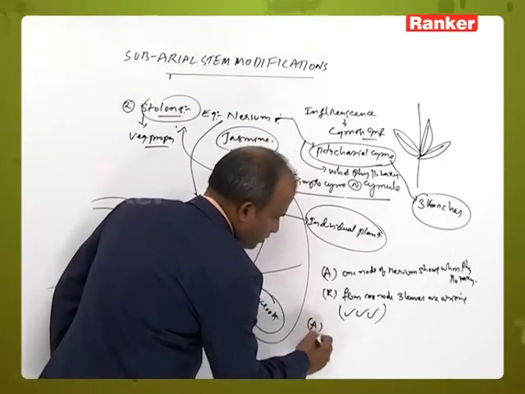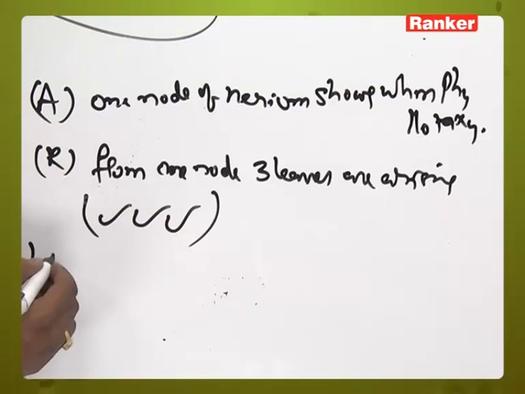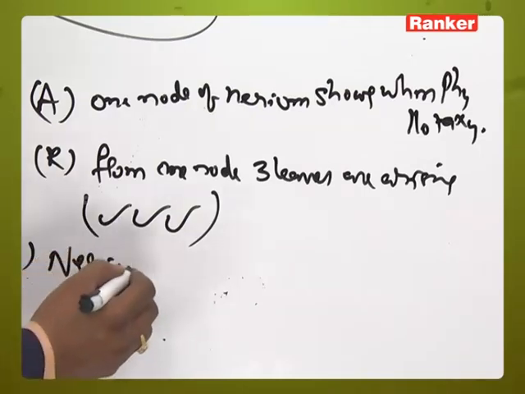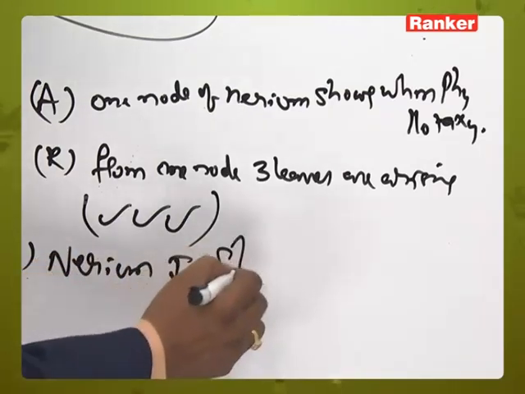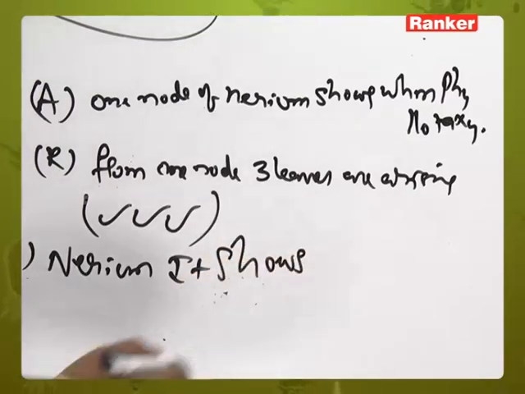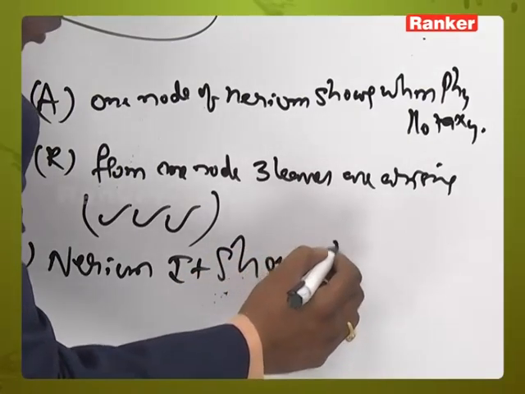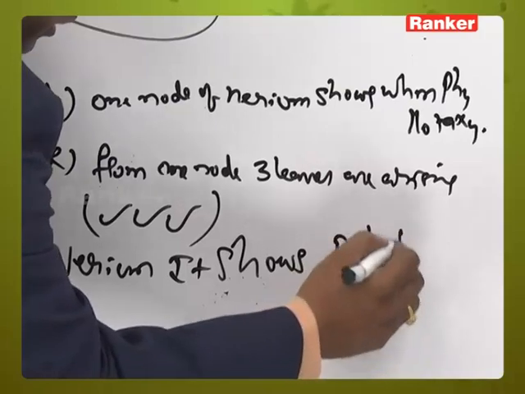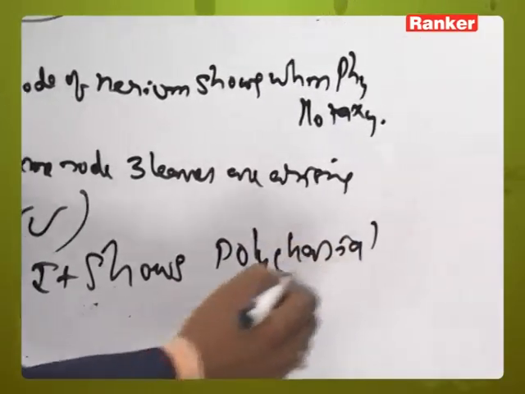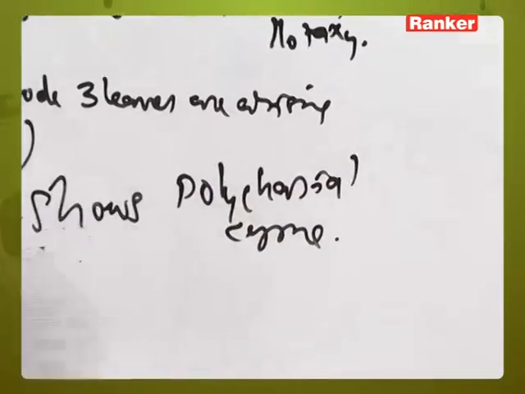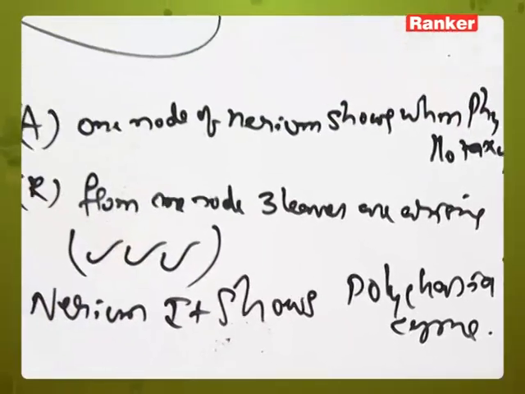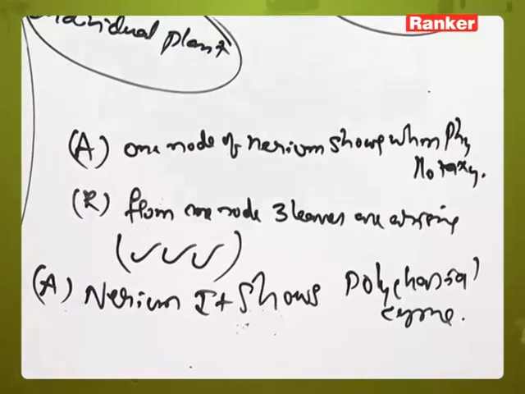Another assertion: Nerium shows polychasial cyme. Which type of cymose inflorescence does Nerium show? Polychasial cyme. What is the reason?